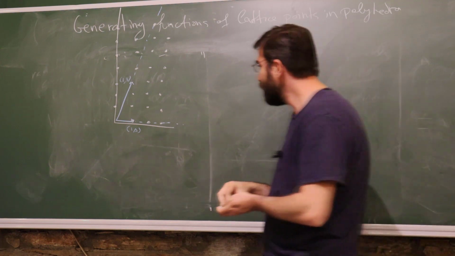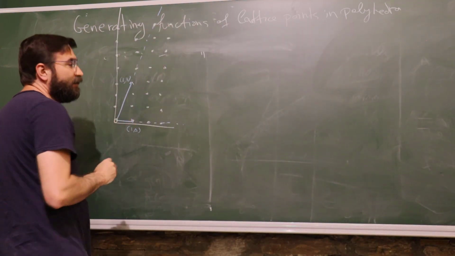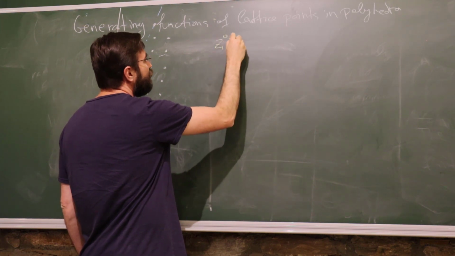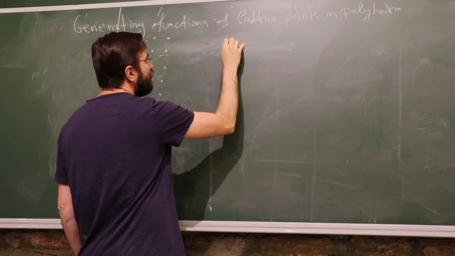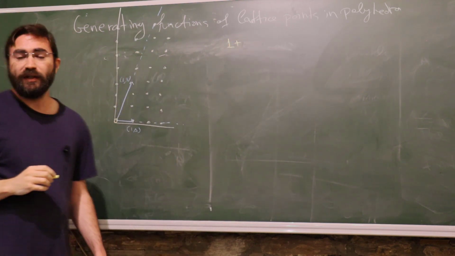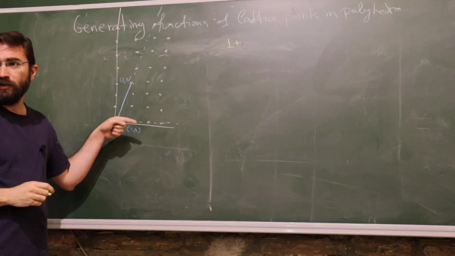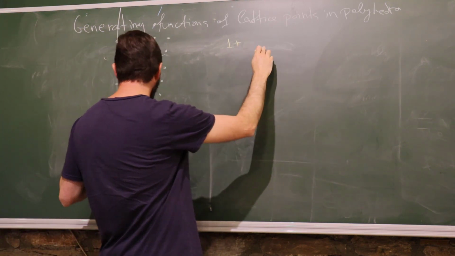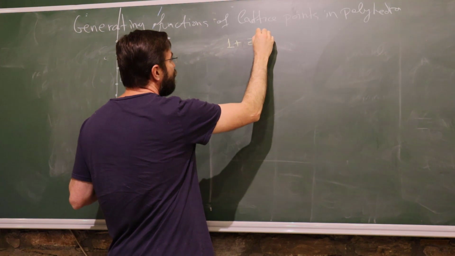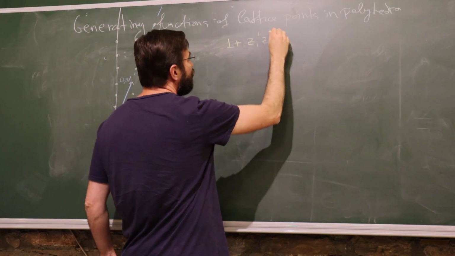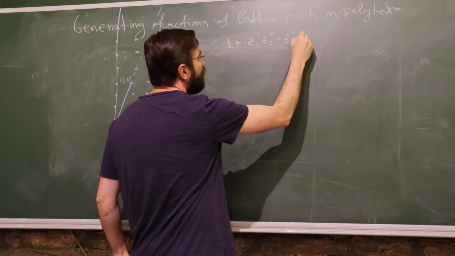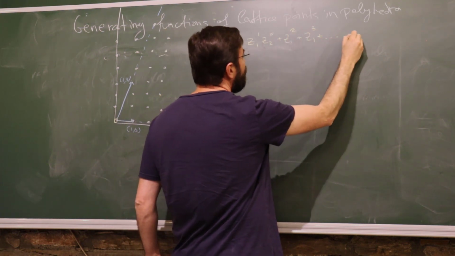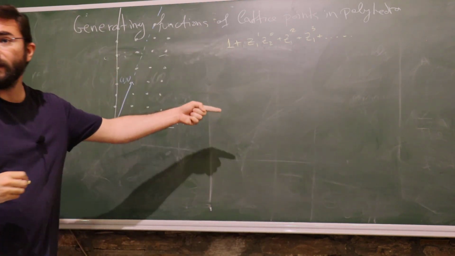Okay, so how do we do this? Let's start. Here, this is (0,0), so this is z1 to the 0, z2 to the 0, which is 1. I will take the first generator of my cone, and enumerate all the points it sees. That's z1 to the 1, z2 to the 0, plus z1 squared, plus z1 cubed, etc. I move in this direction.